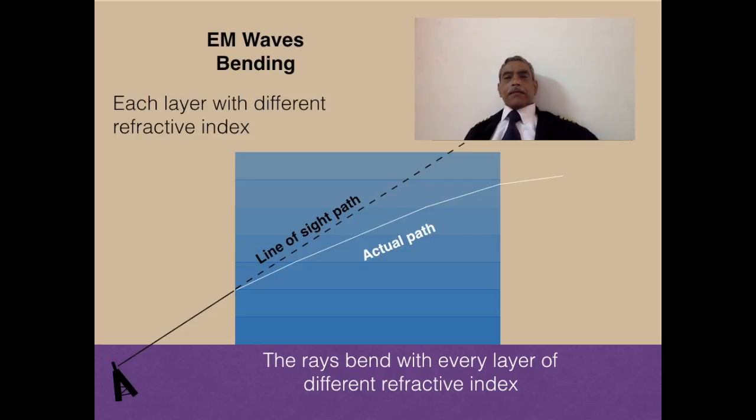Actually, in the real atmosphere, it's not a layer by layer separation. It's a gradual change, so the waves also bend gradually. For theoretical purposes, we have shown different layers and different densities, with the EM waves changing direction at each one, just for academic purposes. Otherwise, let's understand that the rate of change is gradual and uniform.